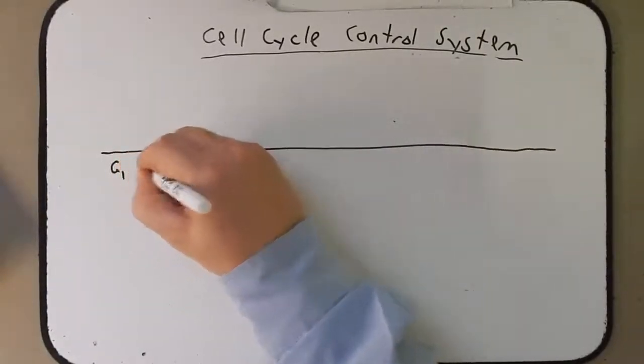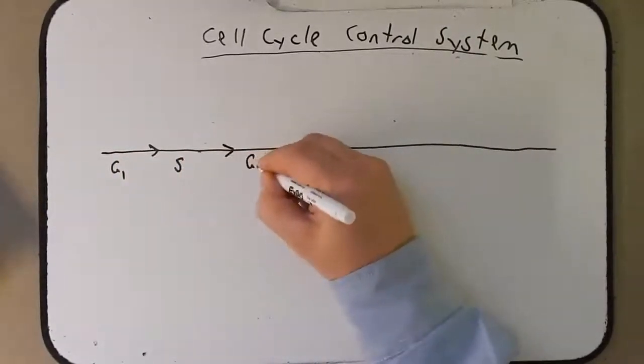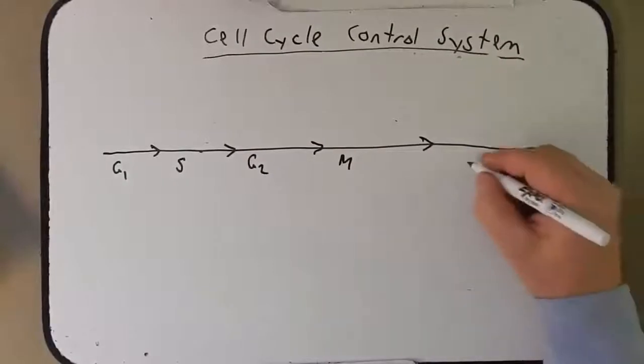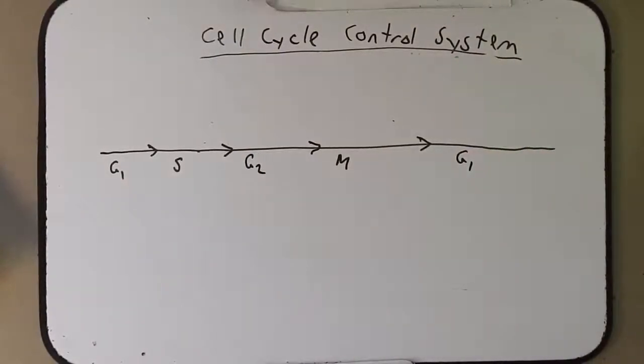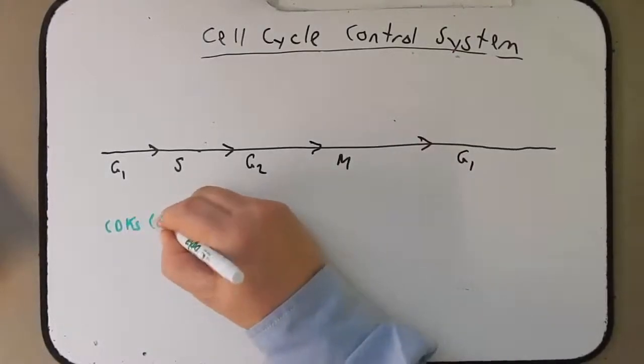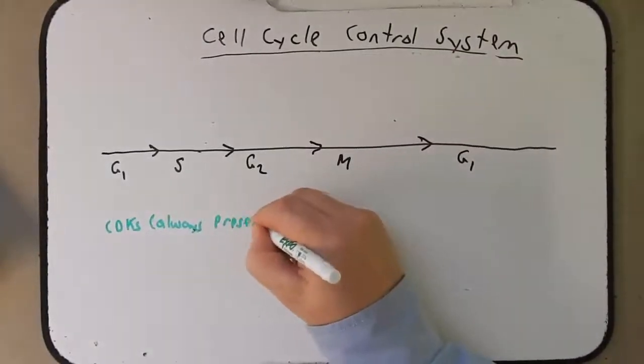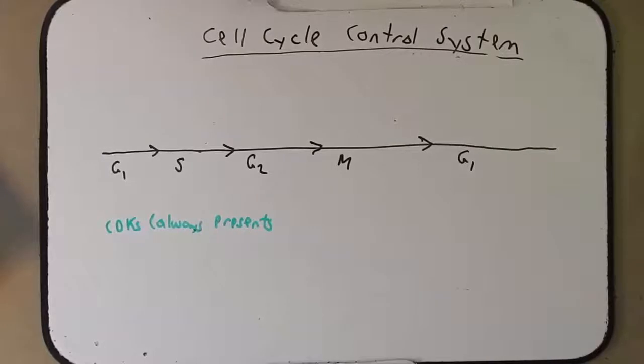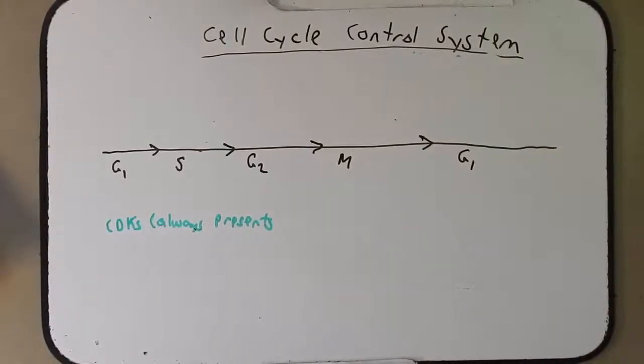I'm going to draw G1 here, S, G2, M phase, and then repeating the cycle here. Now remember, the CDKs are always present. They just need to become activated. And so they're going to wait for specific cyclins to become present. And once they do, they can become activated and push the cell cycle past that checkpoint.